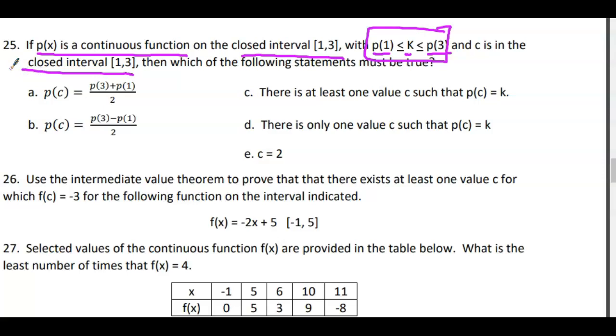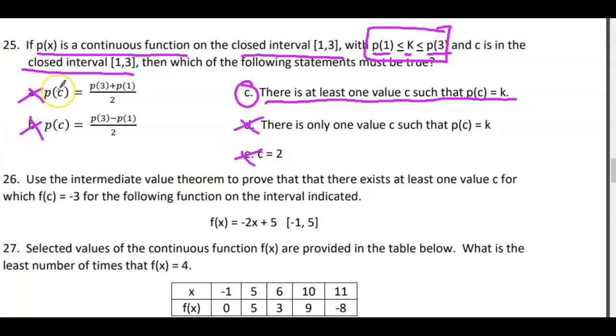Okay, so which one of these is the correct way to finish the IVT statement? The answer is C. There is at least one value of c such that p of c equals k. You can't say there's only one. We know that none of these fit the criteria at all.